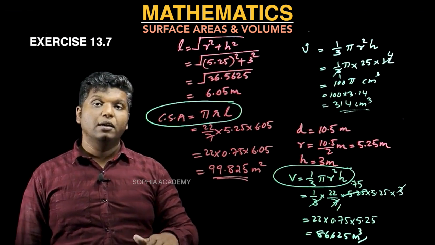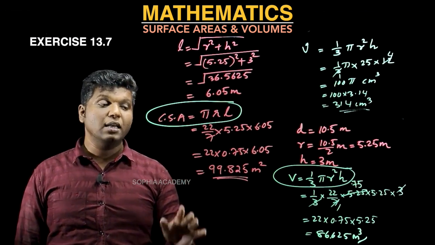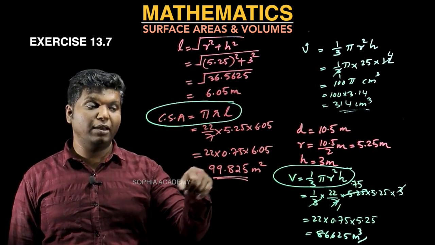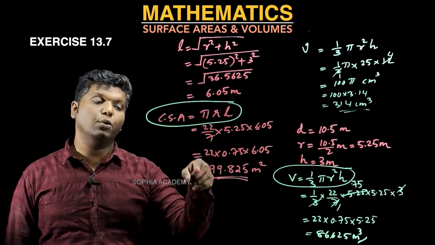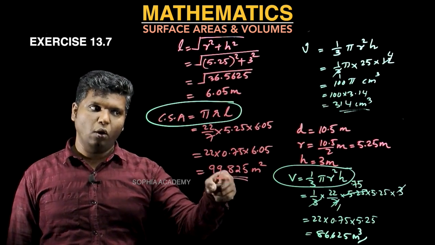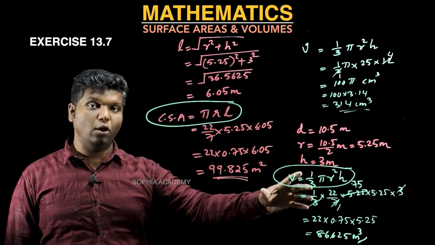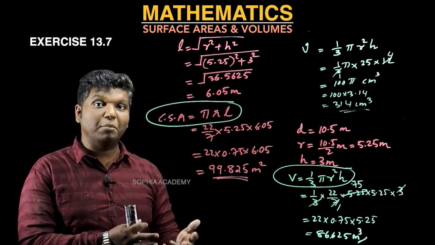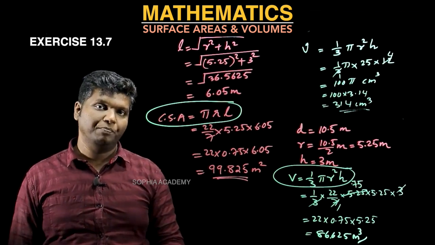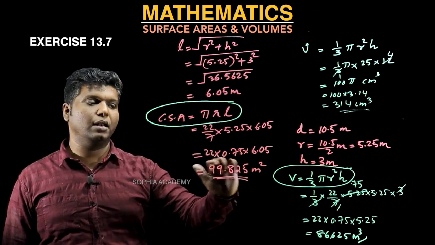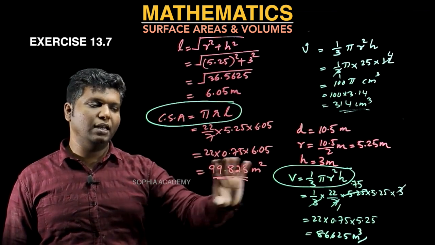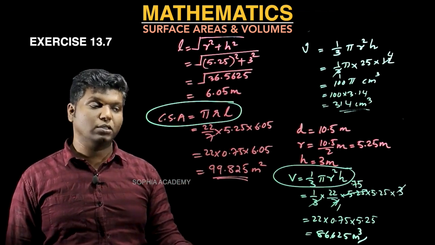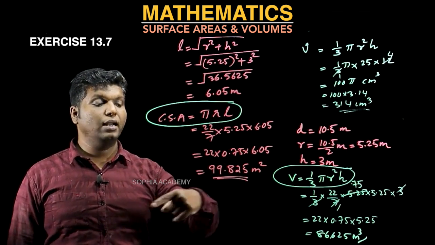Finally, when you complete all the questions, come back and check wherever you have left the multiplication, and multiply them and write the answer at the end. Otherwise you will waste a lot of time and never get the correct time management to handle the next question. So when big calculations are coming like this, just write this much, leave a little space, and when you have completed all the questions, come back and find the answer and write it down.